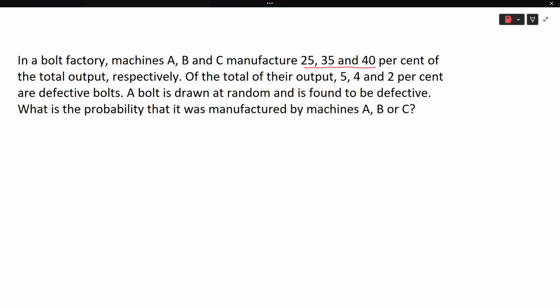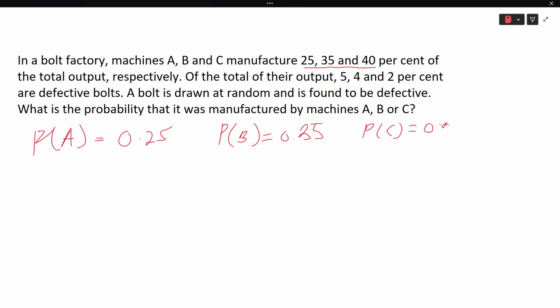So that's the prior probability. The probability that A produces is 25%, that of machine B is 35%, 0.35, and lastly machine C is 40%, 0.4.